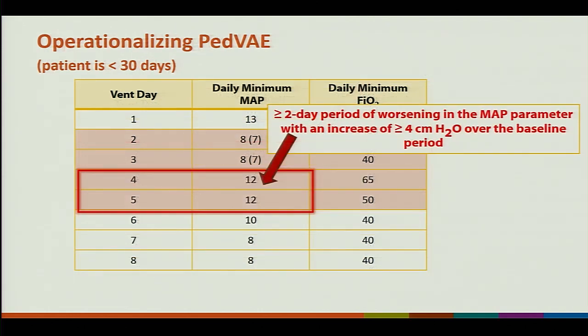Following that baseline period in both parameters, in daily minimum MAP, we do meet the PedVAE definition. The values were 7, but they convert to 8s. We have an increase that is greater than or equal to 4. And so we meet the PedVAE definition.